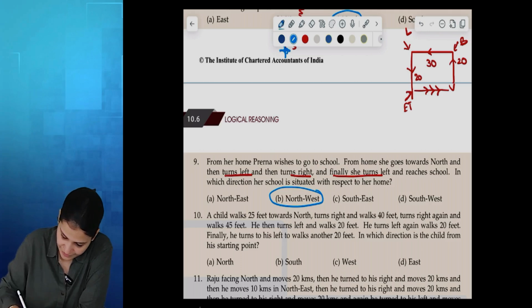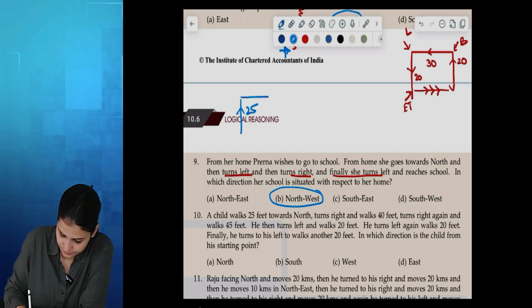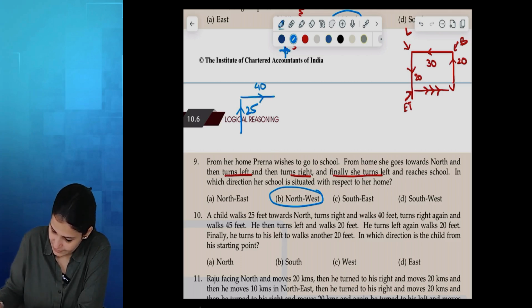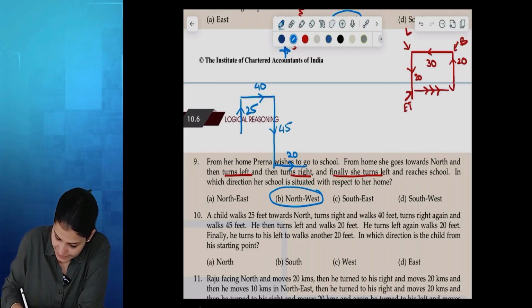A child walks 25 feet towards north, turns right, and walks 40 feet. Then turns right again and walks 45. He then turns left and walks 20. He then turns left and walks 20. See, this was 25.